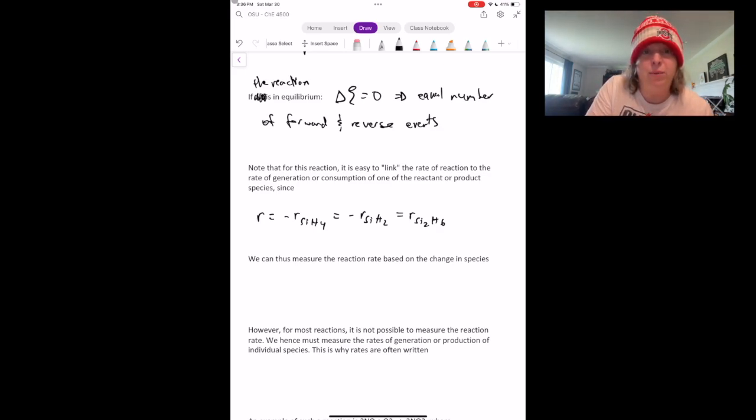Because of that, we can measure the reaction rate, or the rate for this reaction, based on the species concentrations. So we can measure the reaction rate based on a change in species concentrations, or molar amounts.